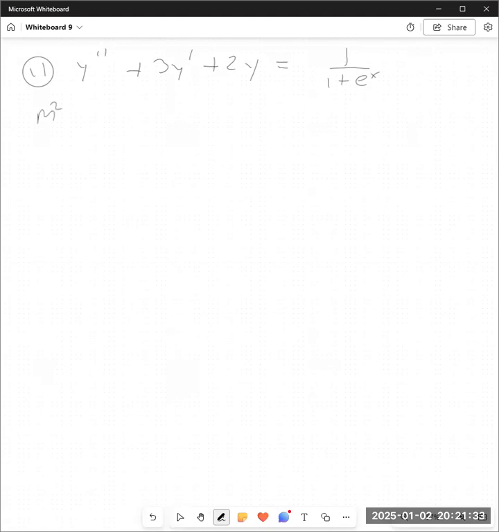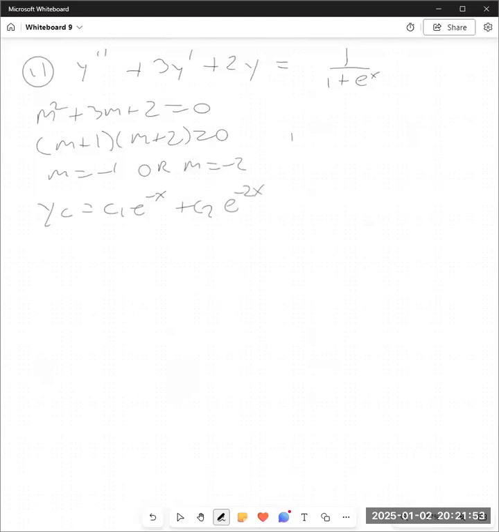So our auxiliary equation, m squared plus 3m plus 2 equals 0. m plus 1 times m plus 2 equals 0. m equals -1 or m equals -2 gives me yc equals c1 e to the negative x plus c2 e to the negative 2x, giving me a Wronskian e to the negative x and e to the negative 2x, negative e to the negative x, negative 2e to the negative 2x here, which is equal to -2 e to the negative 3x plus e to the negative 3x, a negative e to the negative 3x.